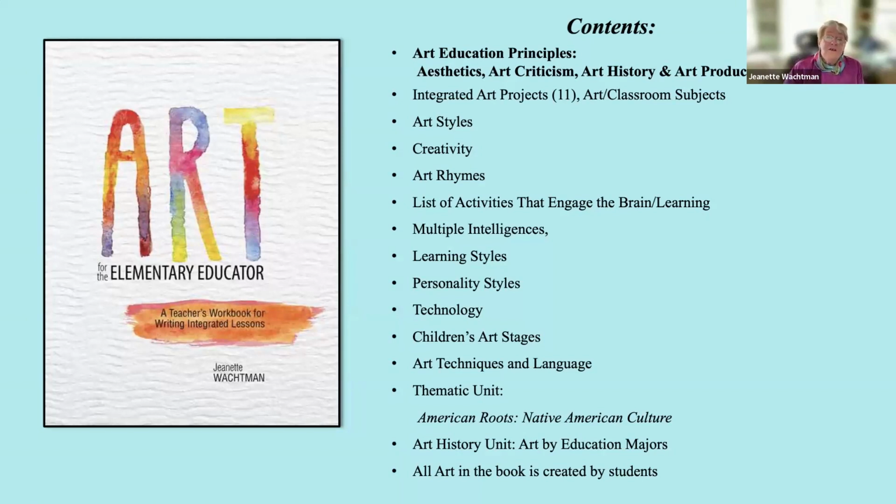And there is a list of activities that engage the brain, such as art projects, rhymes, movement, storytelling. There's a list that tells you if you use these, the brain loves to hear it or do it, and it goes into long-term memory for students.